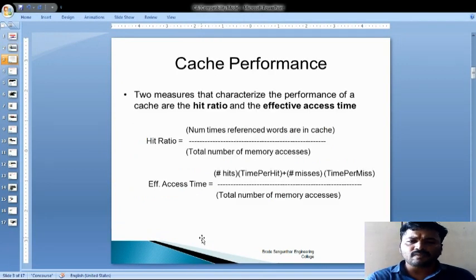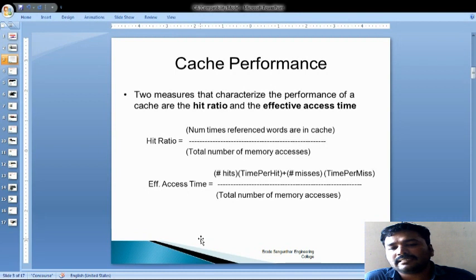So the cache memory basic terms involve very important constraints. Next, cache performance. Two measures that categorize the performance of the cache are cache hit ratio and effective access time, EAT. The hit ratio is the ratio of the total number of times the referenced word is in the cache to the total number of memory accesses.